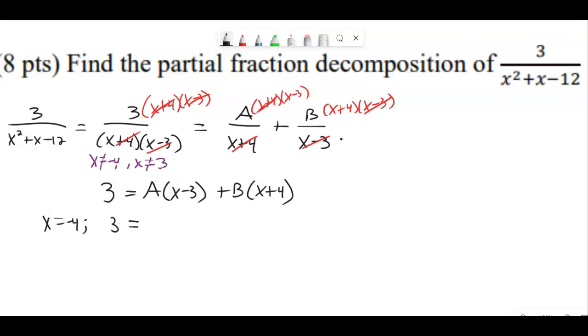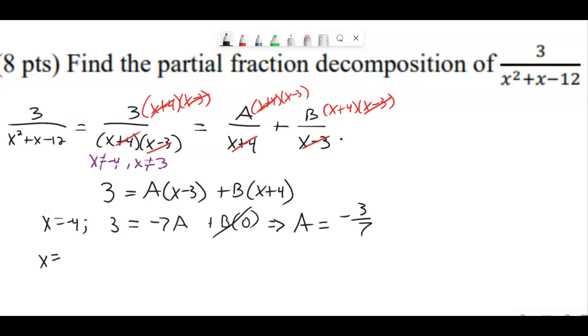So plugging in negative 4 for x, that would be negative 7, so negative 7A, and the B goes to 0. And so thereby we can get A very easily as negative 3/7.